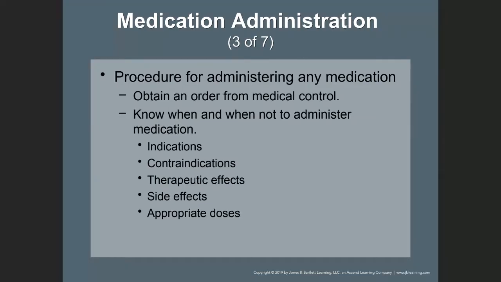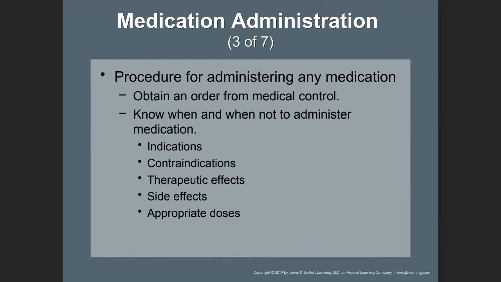Procedure for administering any medication. First, obtain an order from medical control. Know when and when not to administer medication. So again, you must know when the medication should be given, when it should not be given, the type of effects that the medication will have when given to the patient, meaning the desired effect.